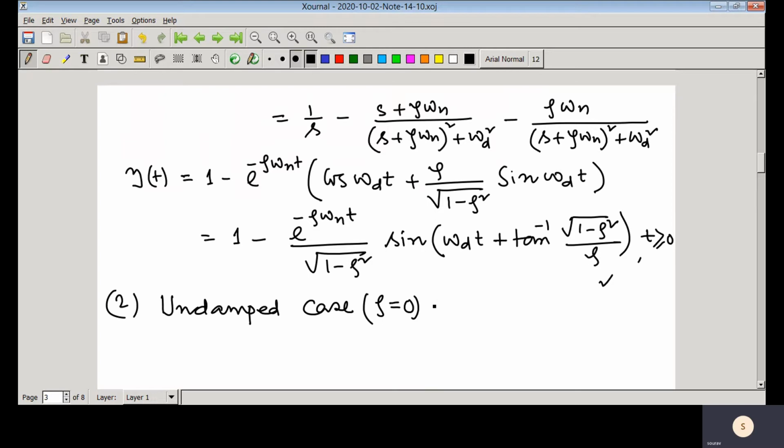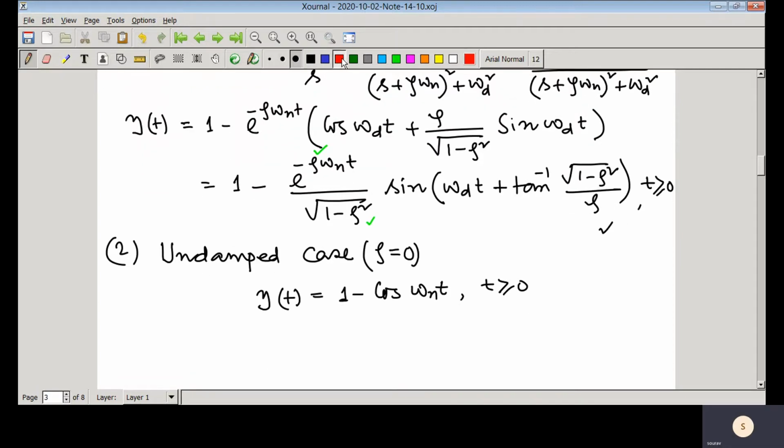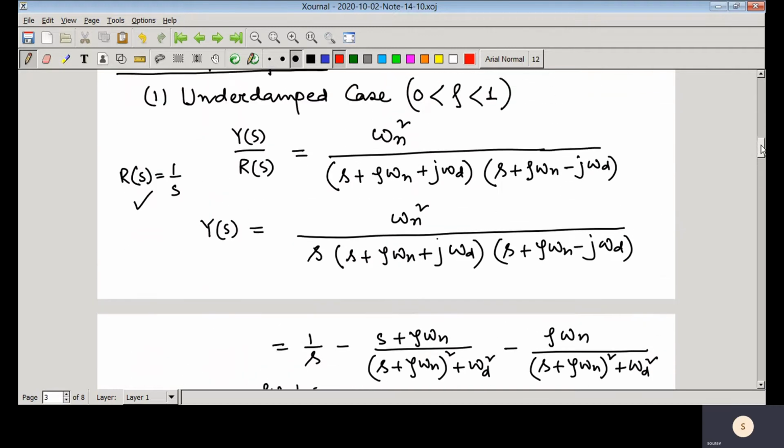In this undamped case, if you put zeta equal to 0 and simplify, you will get y(t) equals 1 minus cos of omega n t.